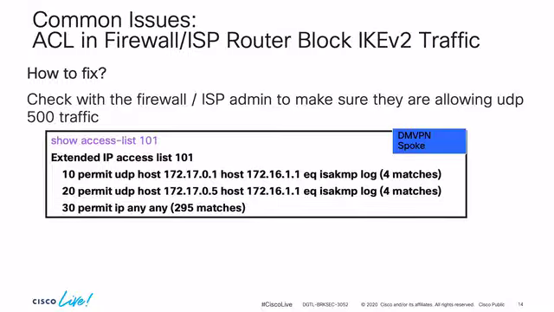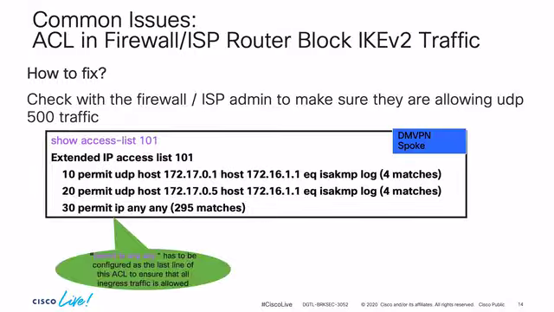Make sure that if you are configuring this, the last line in your access list is a permit ip any any, because we do not want to drop any existing traffic on either the DMVPN spoke or the hub.